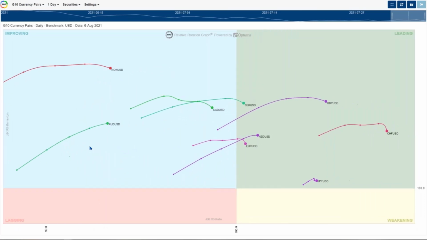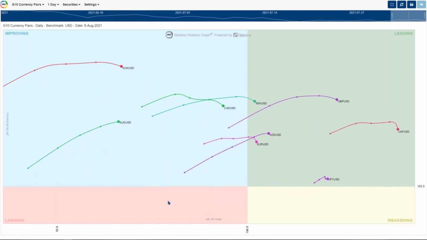So let's move that over to bring the Swiss franc in. For those of you that are seeing this for the first time, in the middle here, in the crosshair, is the US dollar. Then you've got all the G10 currencies moving against the dollar. The furthest to the right is the Swiss franc, the strongest currency versus the dollar.